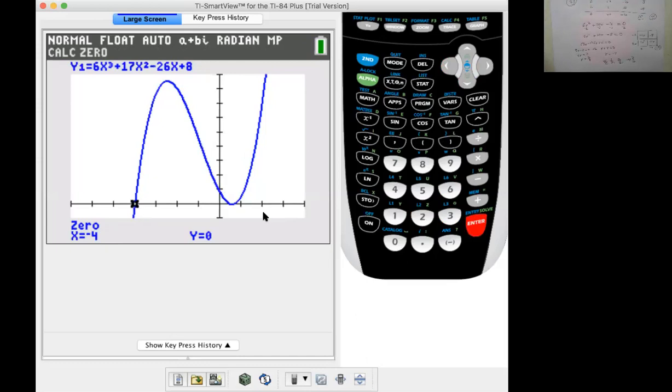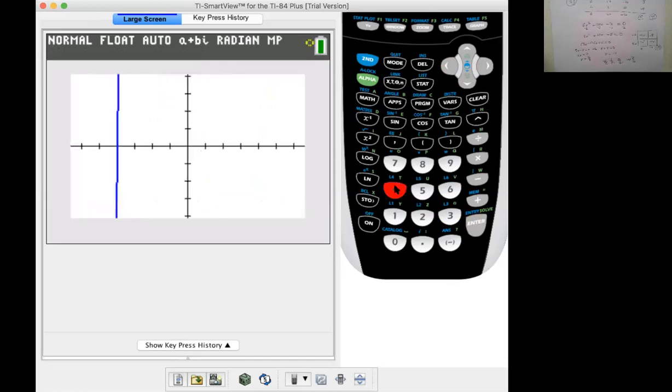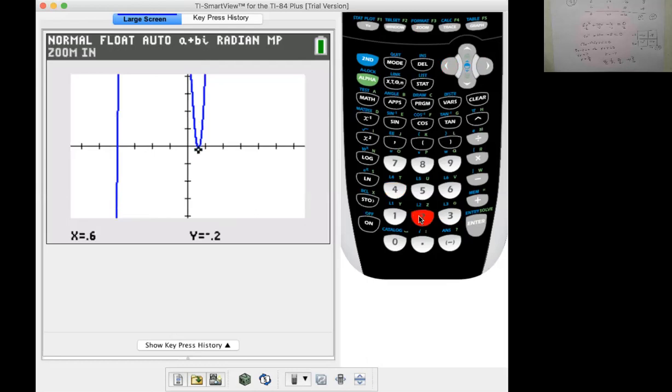So to see those, I'm going to zoom in around there. So we're going to maybe go to what? Zoom decimal, which should be pretty good. Just where these two things are here. I'm going to try to zoom in there.